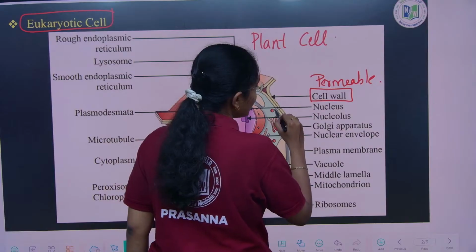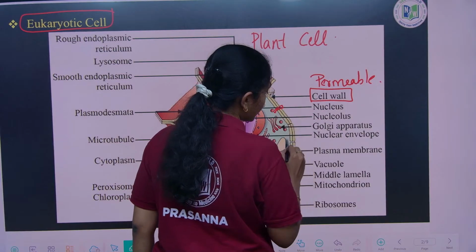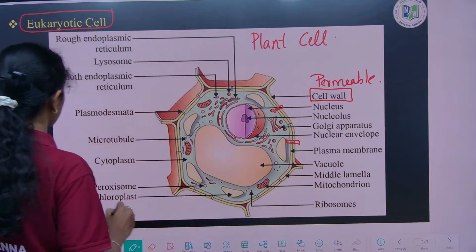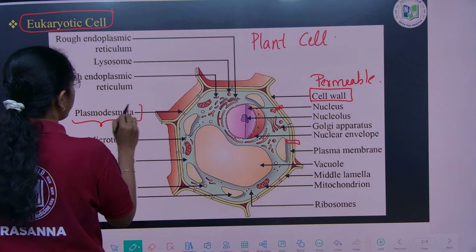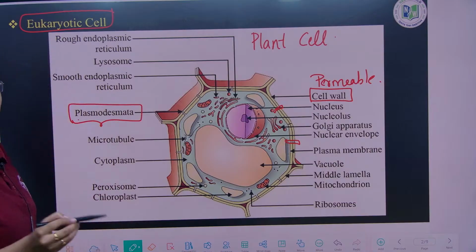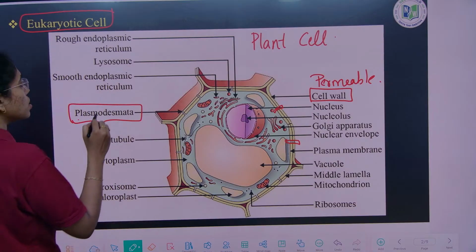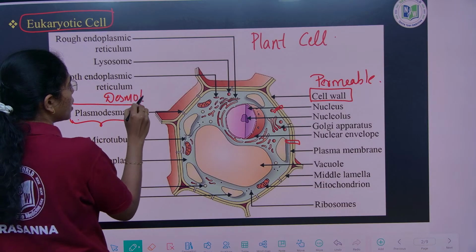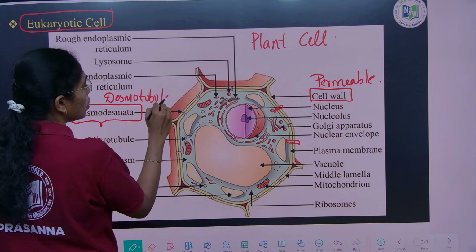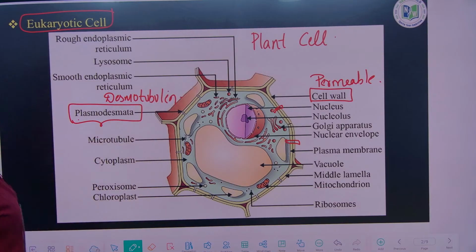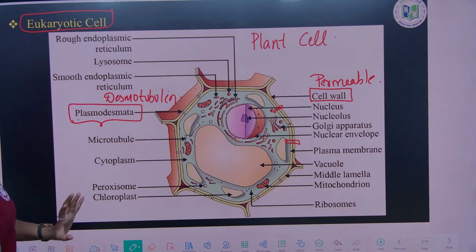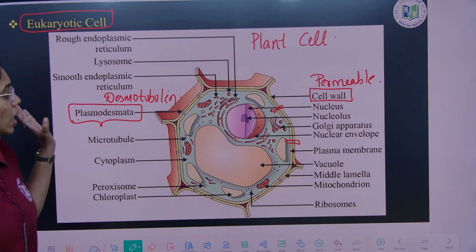The cells of the cell wall are connected to each other via plasmodesmatal connections. Plasmodesmata are the connections in between the cell walls, which consist of the protein desmotubulin.